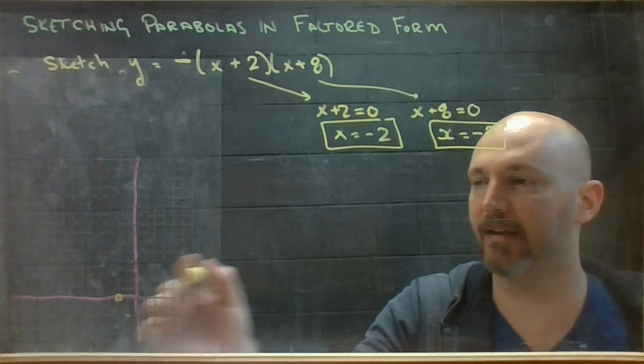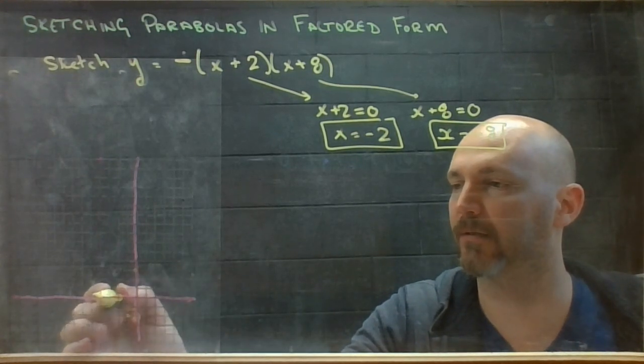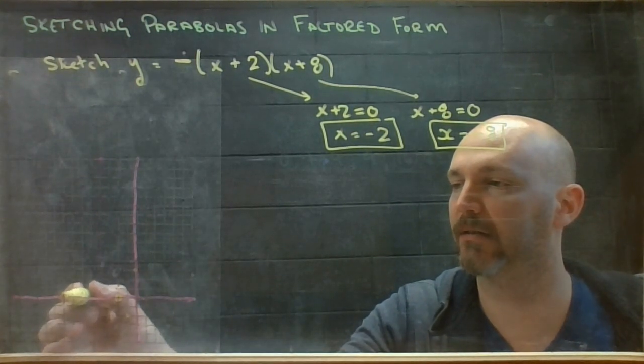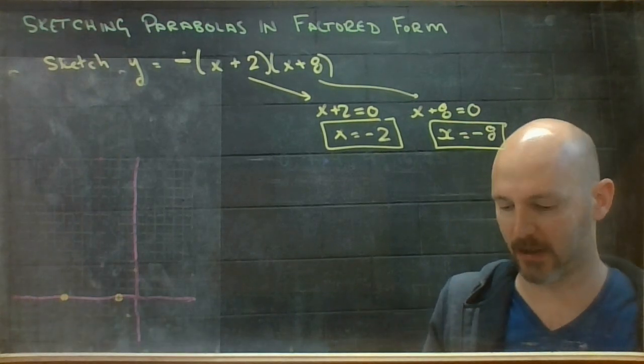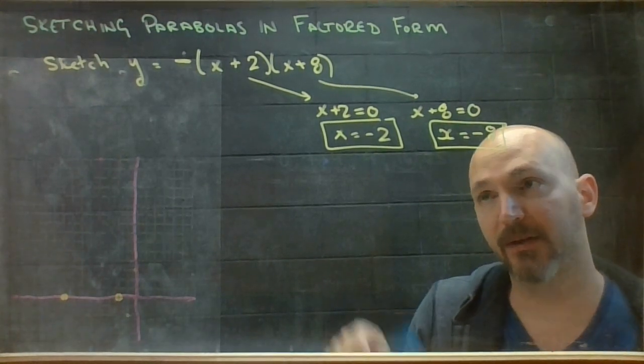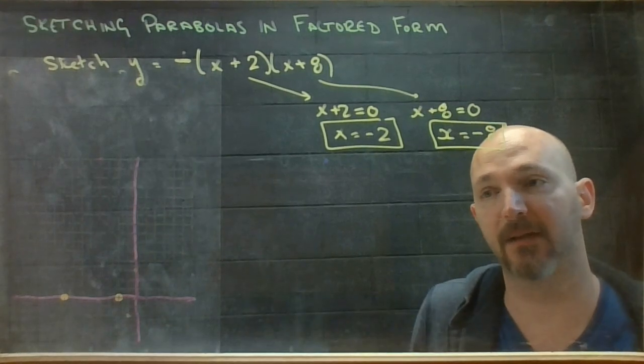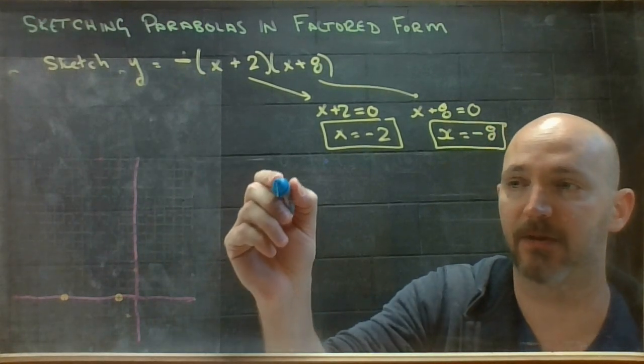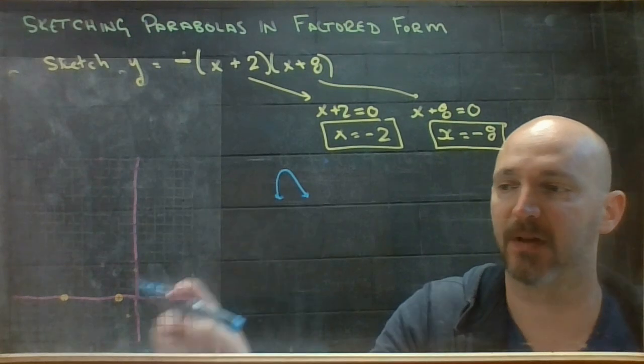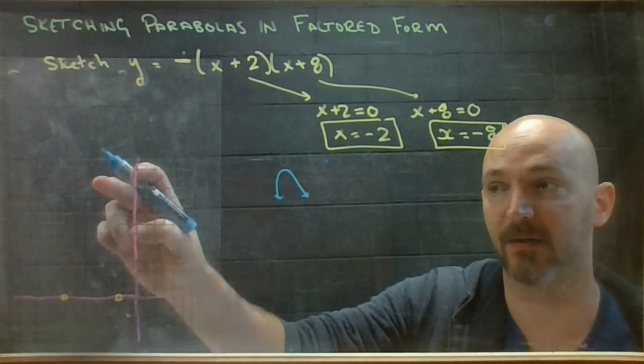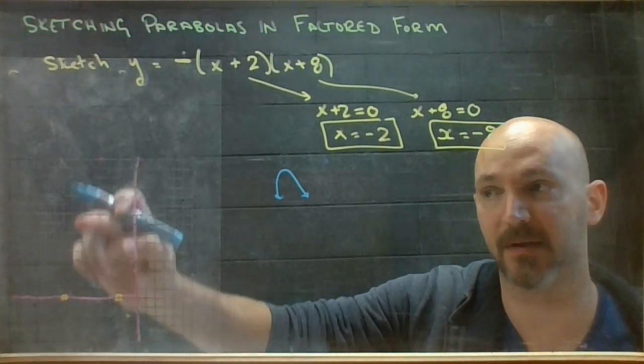And then negative 8, 4, 5, 6, 7, 8 would be there. Now, I had to recognize that because there was a negative in front, I'm ending up with a parabola shaped like this. So my vertex isn't down here this time, it's going to be up there, so that I get that upside down shape.